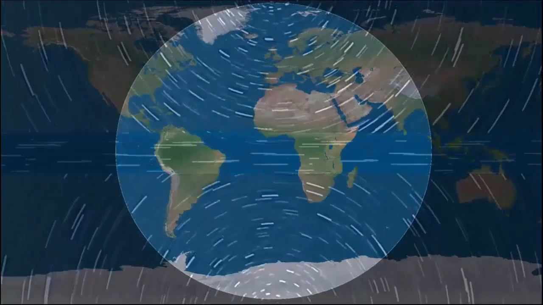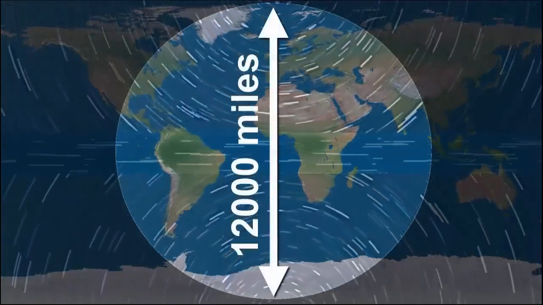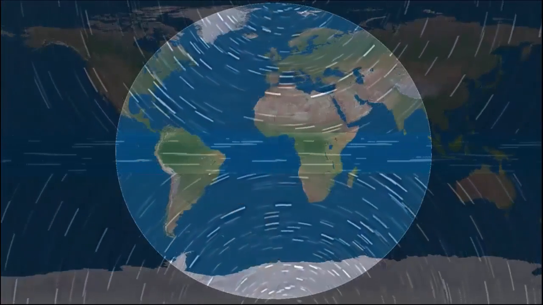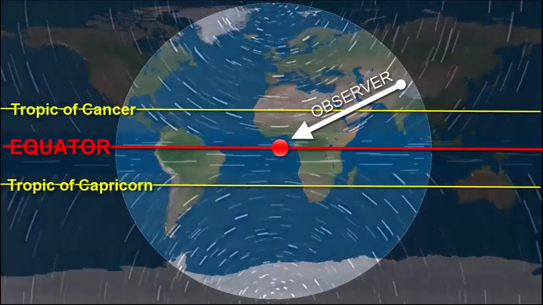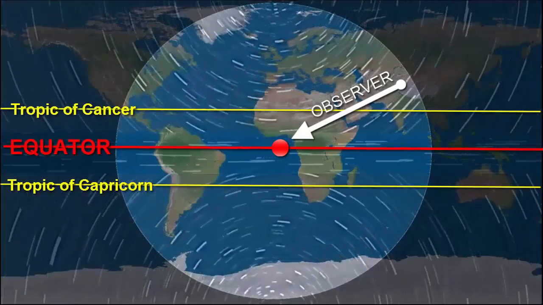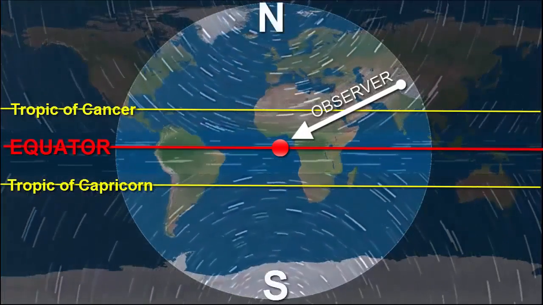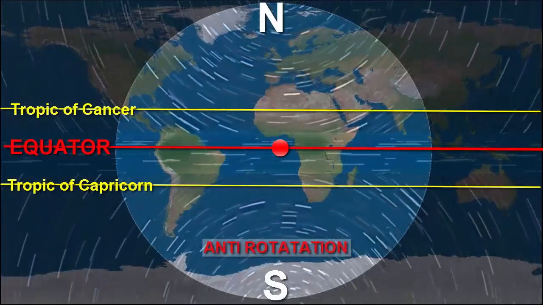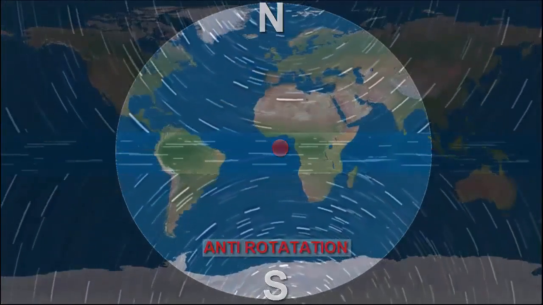Well, the stars do the same thing. They have a 12,000 mile convergence from the northern celestial rotation, and if you're standing at the actual equator on the Earth, you would see the stars converge in the southern sky. They would create an anti-rotation, not a real rotation, just the anti-rotation of the northern celestial rotation.